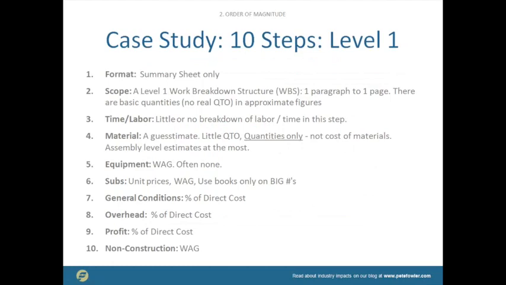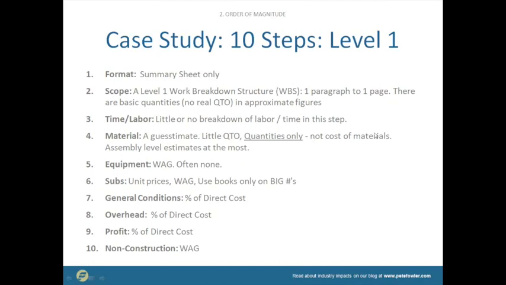We might scratch out some calculations, but many of the numbers, we're just going to punch them in. We're going to apply our judgment and our professionalism and our 20 or 30 or 40 years of experience in the construction business. So the material, we're going to do a guesstimate. There's very little detailed quantity takeoff.